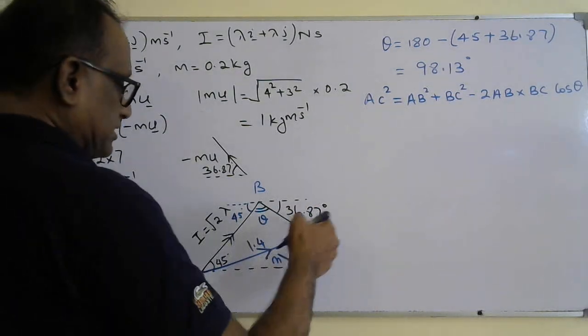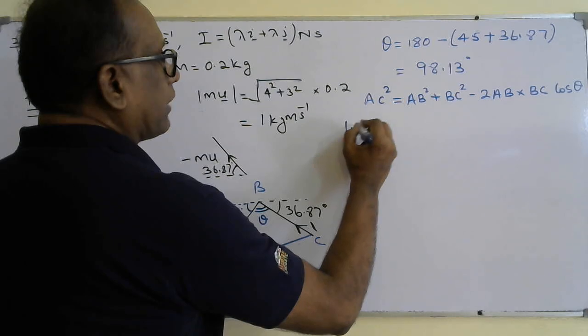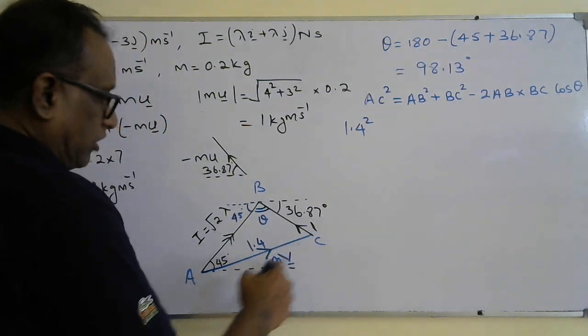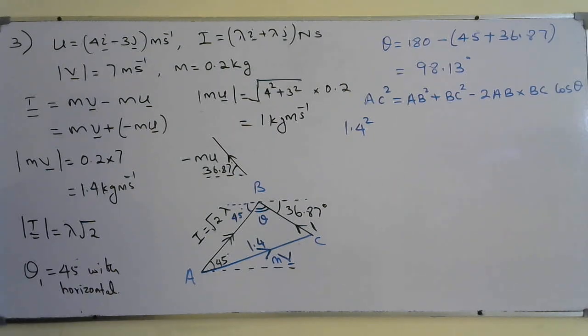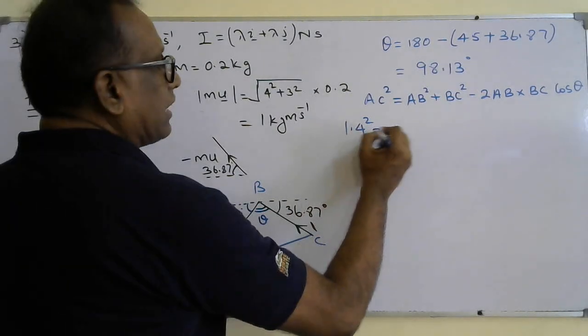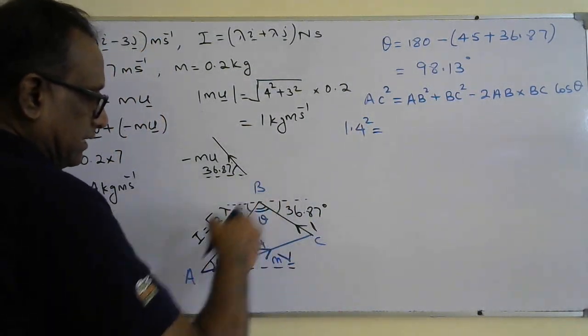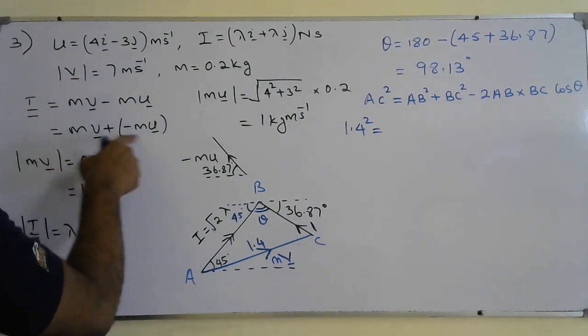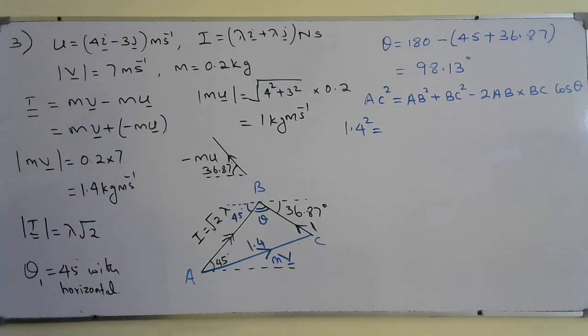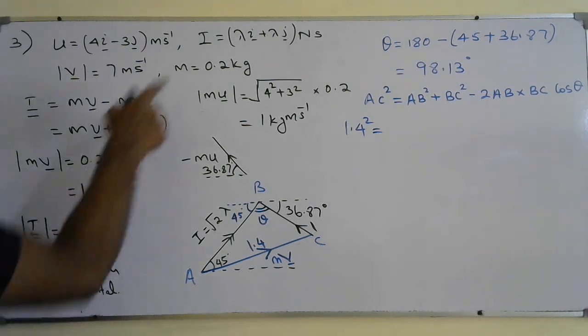So AC squared, that is 1.4 squared, the magnitude of vector mv that we found, is equal to AB squared. AB indicates the vector I, its magnitude, is equal to lambda square root of 2. I is given in the question.